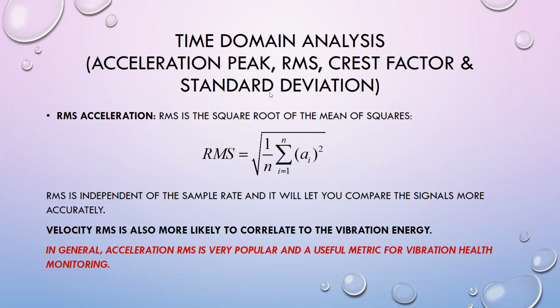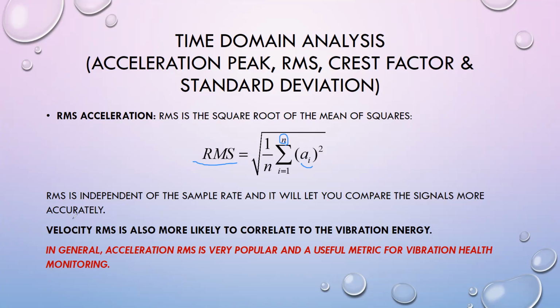Here, a_i is the acceleration at each second, and we have n data according to the sample frequency. This n will increase or decrease, so we will have n data for a period of time. By substituting into this formula, you can calculate the RMS for your acceleration.